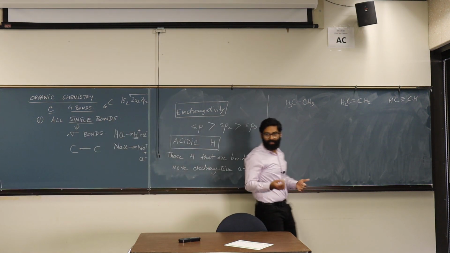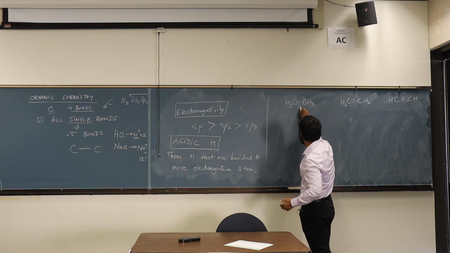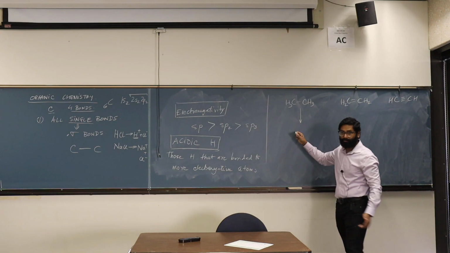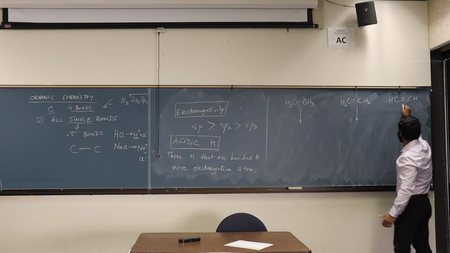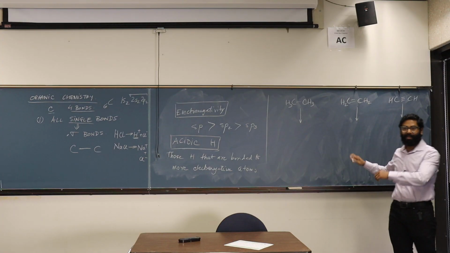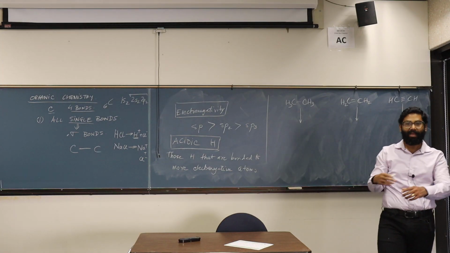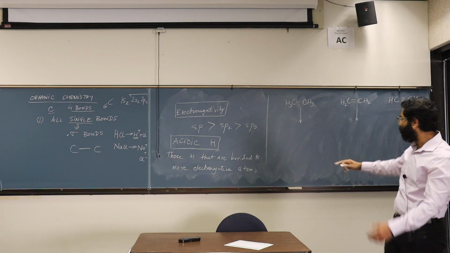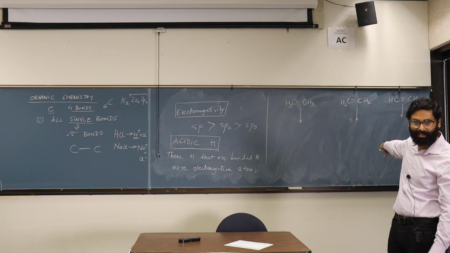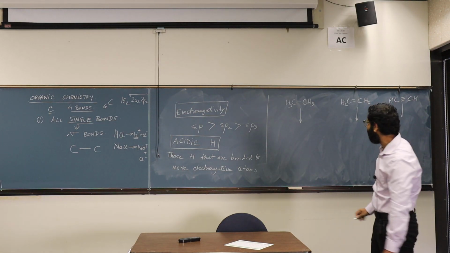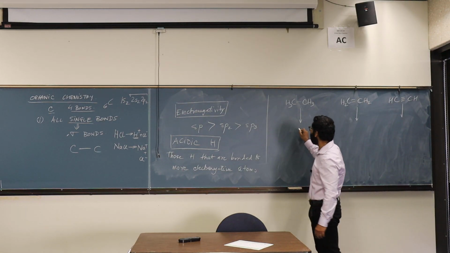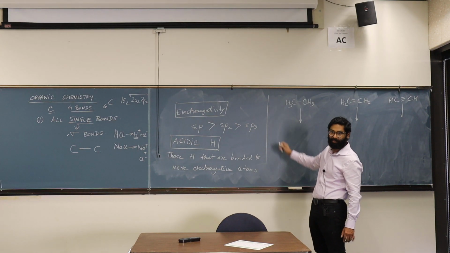So it is the same thing. You remove a hydrogen and produce the species in all these three, and then tell me which is the most stable. The one which produces the most stable species out of these three will be the most acidic. That's what we did with that acetic acid, right? So what is the species that you will produce if you remove an H plus from here?